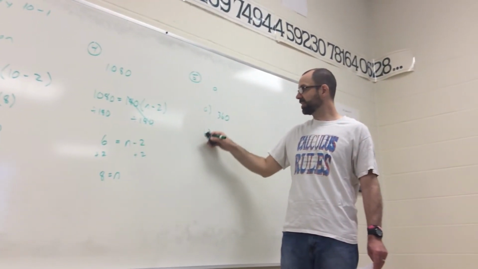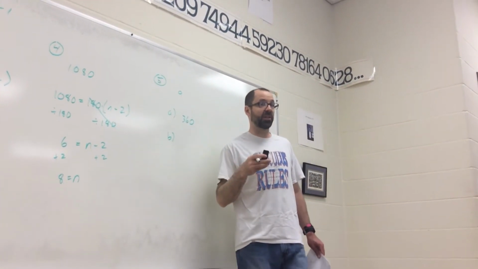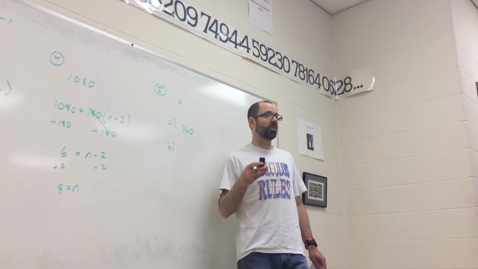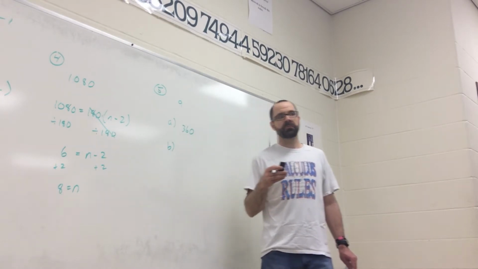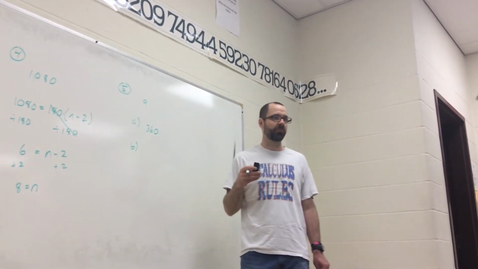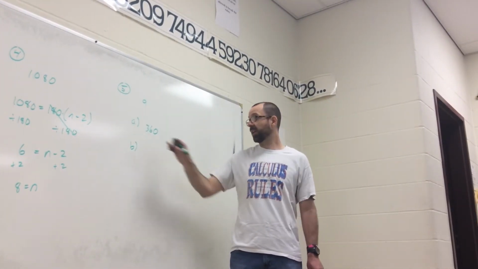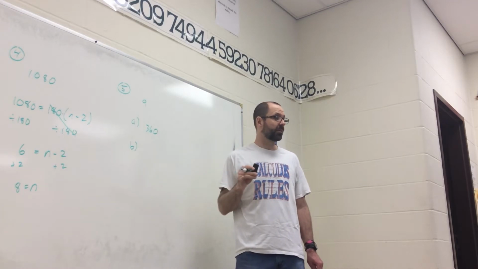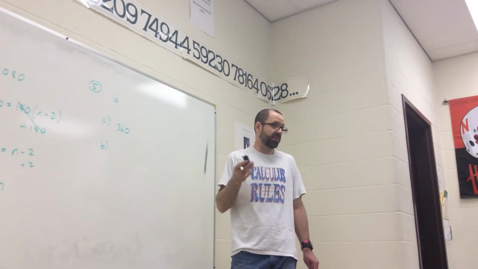Okay, but then part B says, if the nonagon was regular, what would the measure of each angle be? So they all add up to 360, right? And if they're all the same, you just have to divide by 9.